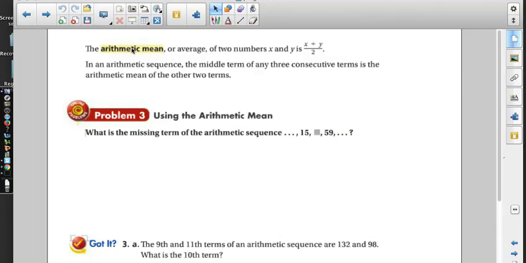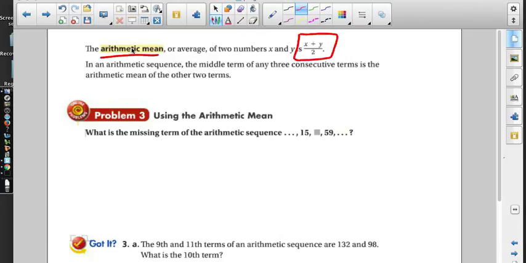Add it all up and divide by how many you have, right? So if we want to find the arithmetic mean, all we're going to do is take two numbers, add them together, and divide by 2. So if you want to use your highlighter again, there you go, right there. That's why I kept mine out. That's the arithmetic mean, right there. Arithmetic mean, x plus y over 2.